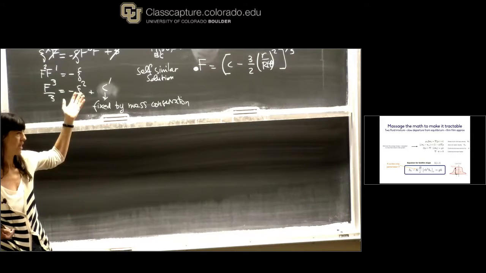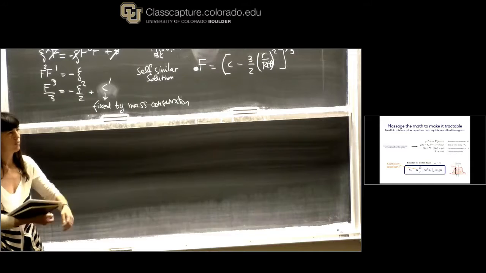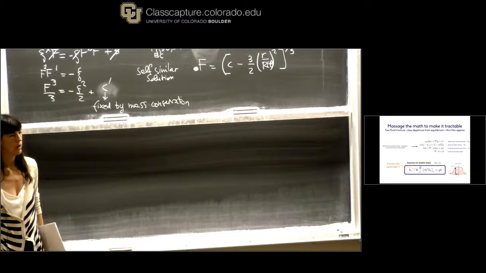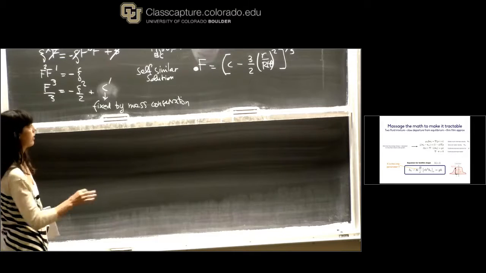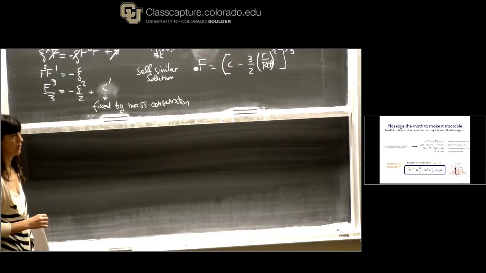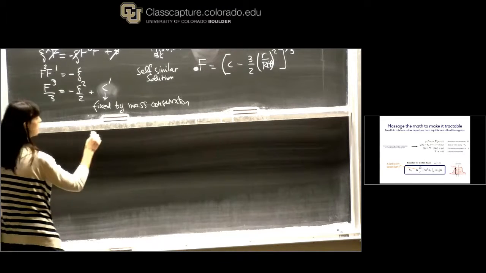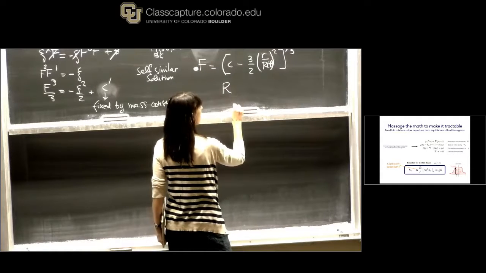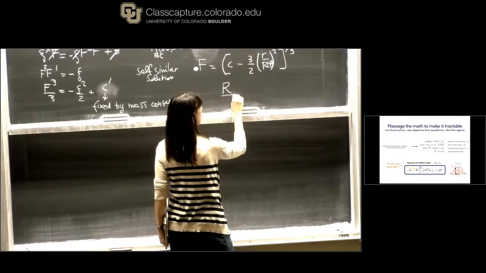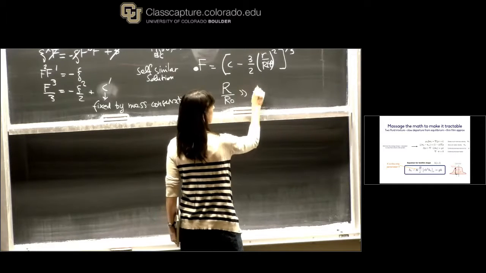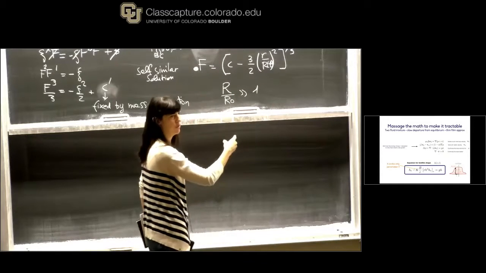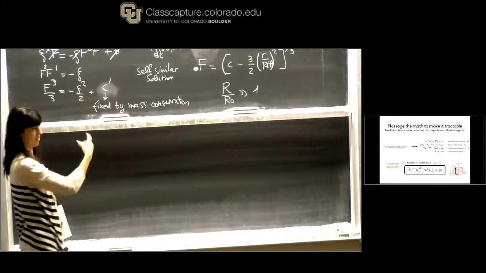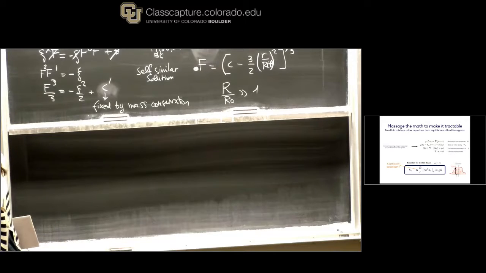To find the time for which the self-similarity breaks down, you would take R0 and ask, what is the R such that R divided by R0 is much larger than 1? This is typically the regime where this works.